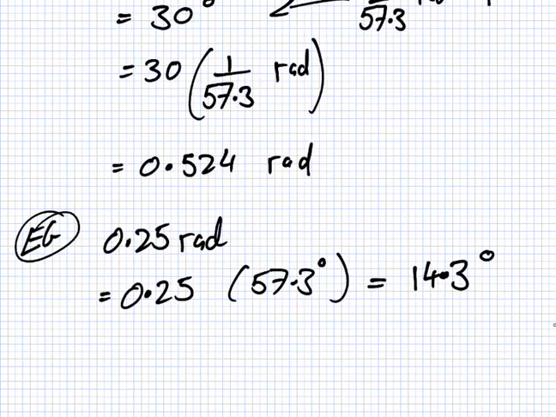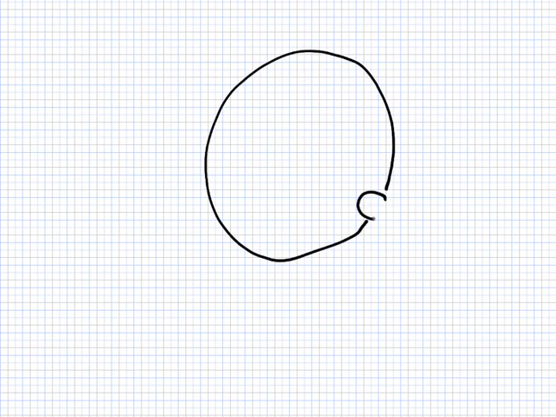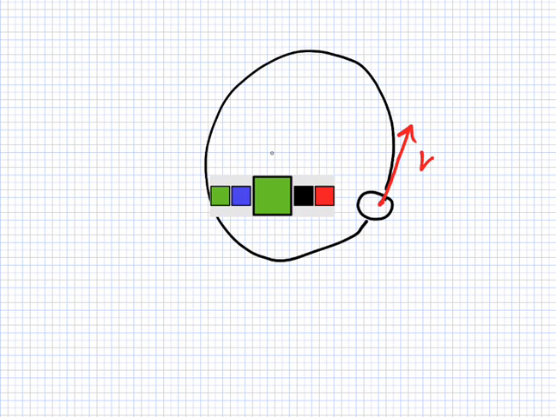If something is moving in a circle, the velocity is this way, and the force is this way. Please, this force always points towards the center of the circle, and the velocity and the force are always perpendicular.